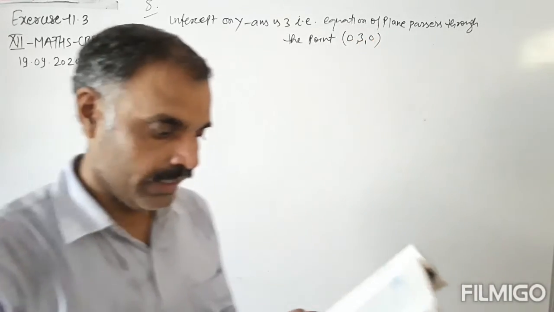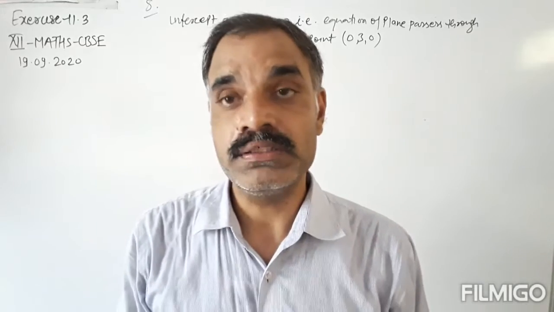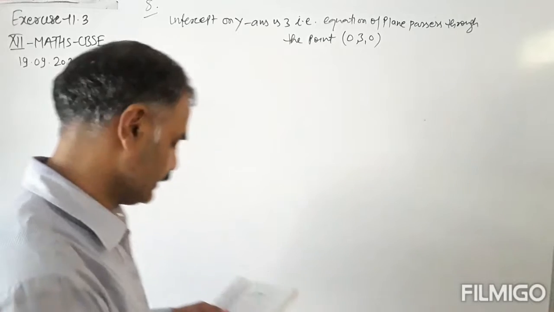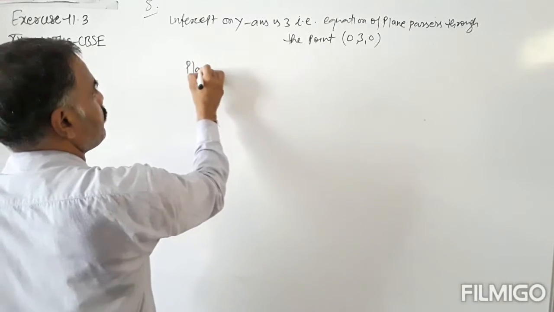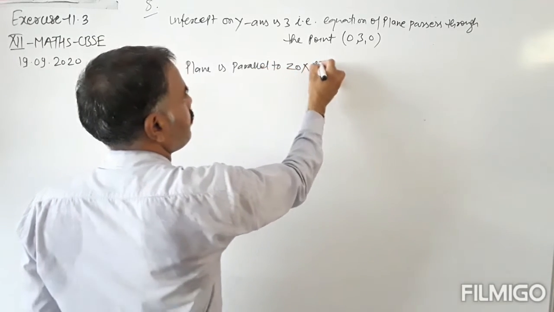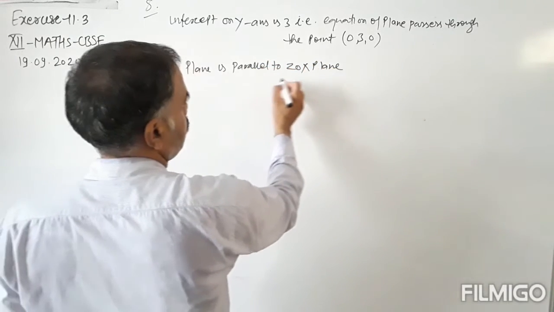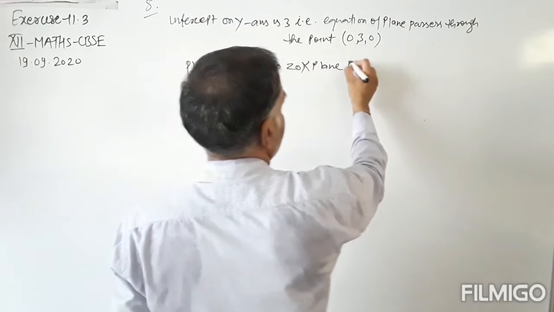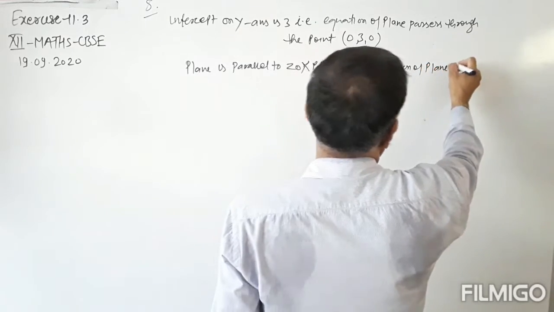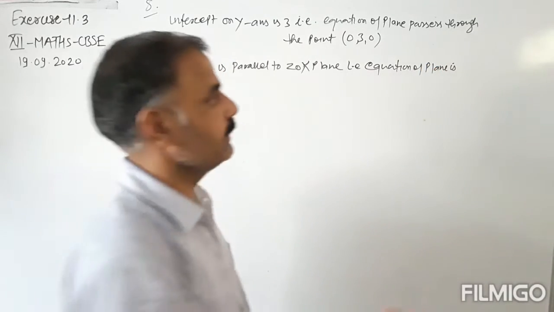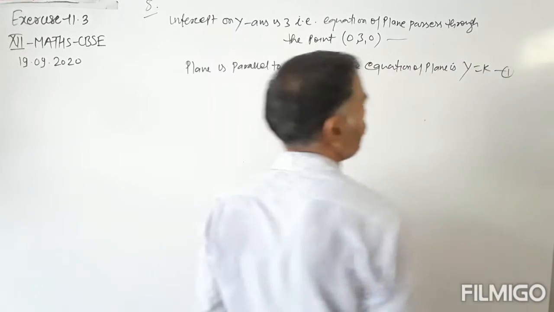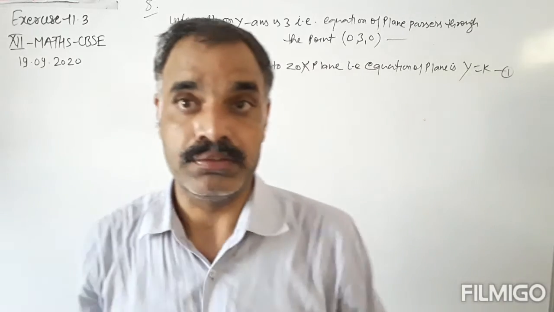It is also given that the plane is parallel to the ZOX plane. Any plane parallel to ZOX is y equals k. So this is the point and this is the plane. This plane passes through the given point.